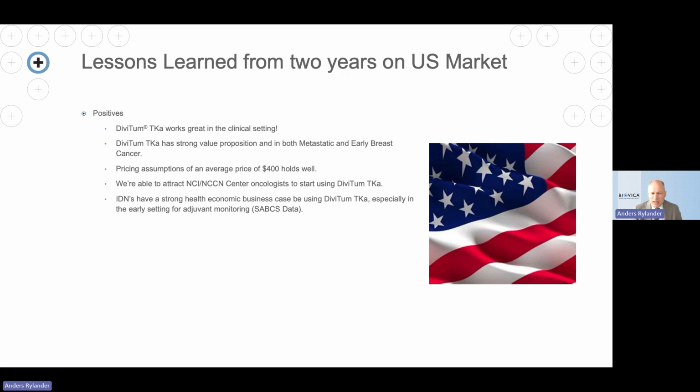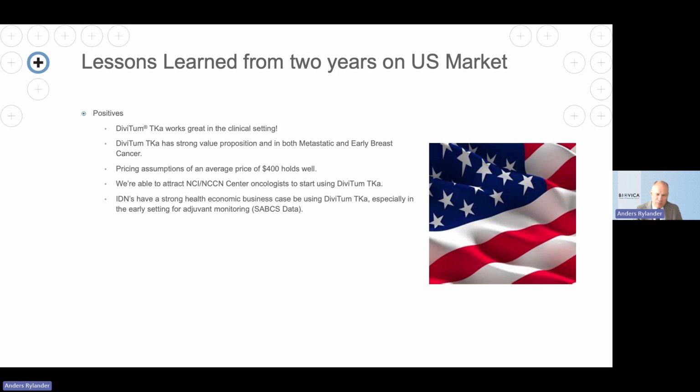A new area, especially after the adjuvant data presented in December last year, is the IDNs. IDN stands for Integrated Delivery Networks. Those are a combination of healthcare providers that at the same time are health insurance providers.